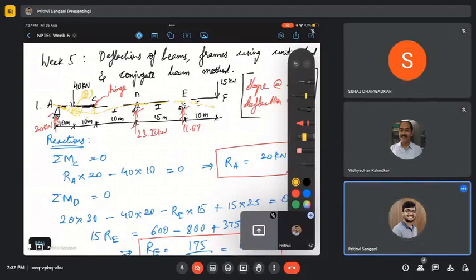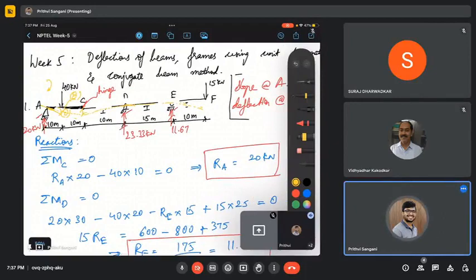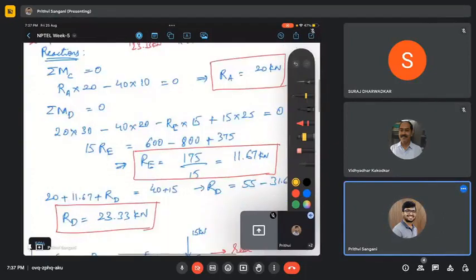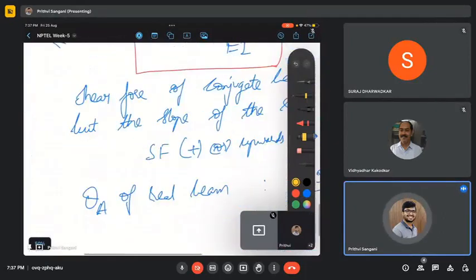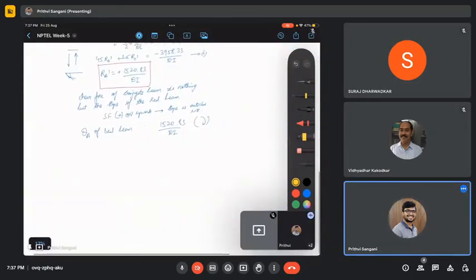And what is the other question? The question is deflection at C. So I think I need to take a new page. Or else I'll just solve on this page. For this question, I'll just solve on this page. So deflection.